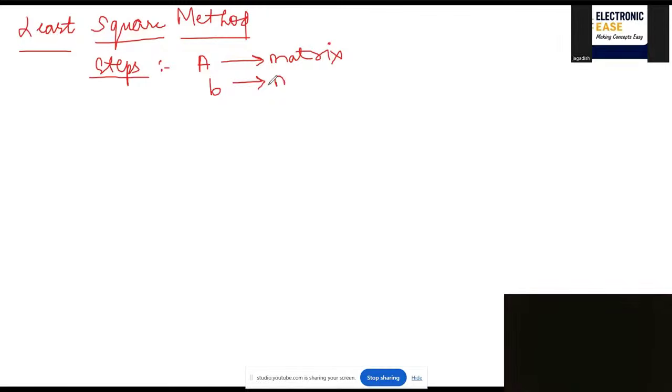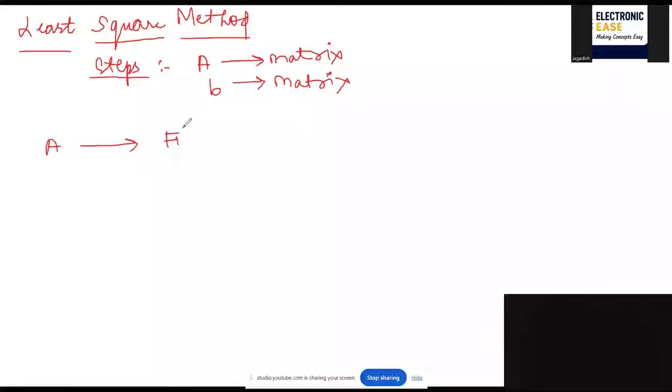Small p matrix, they will be given in the question. So for capital A and small b, what you need to do? Whatever the capital A matrix, write down, children. First step is you need to find out the A transpose.